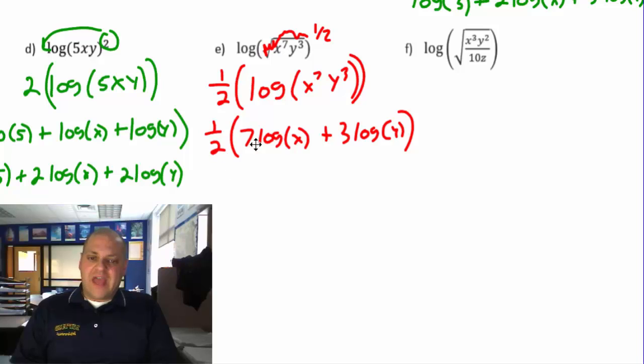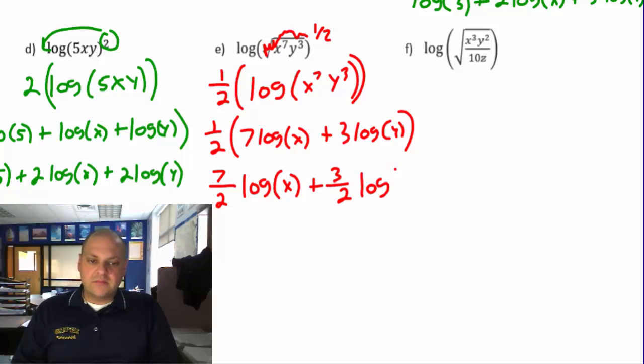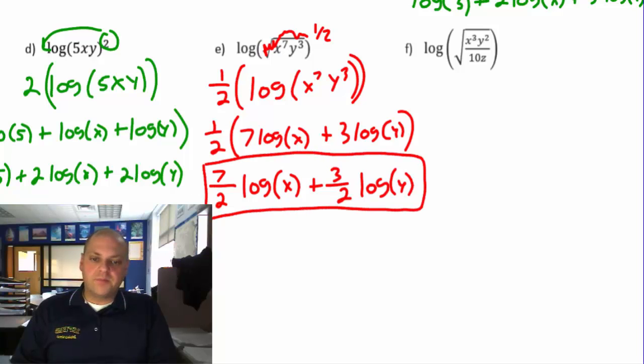Now distribute the half. Half times 7 is 7 over 2. So it's 7 halves, 7 over 2, log of x, plus half times 3 is 3 over 2, log y. And that would be the expanded form for that one.